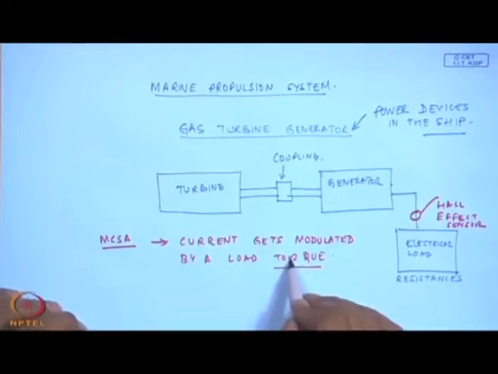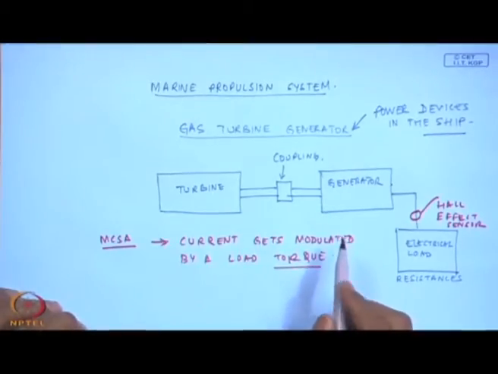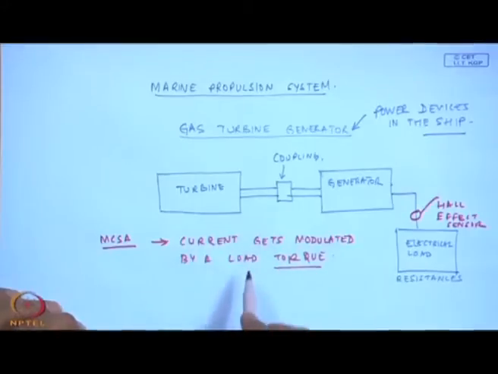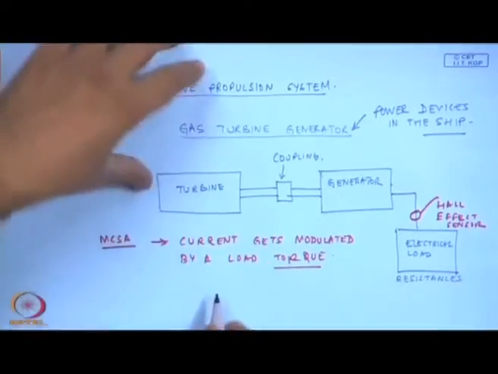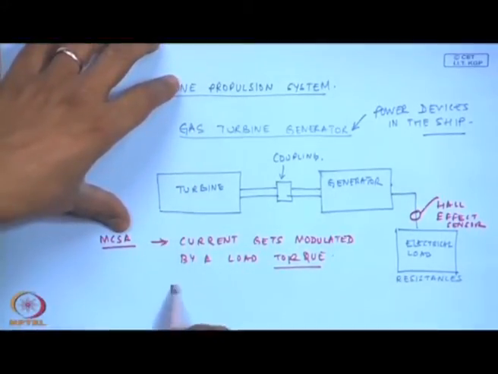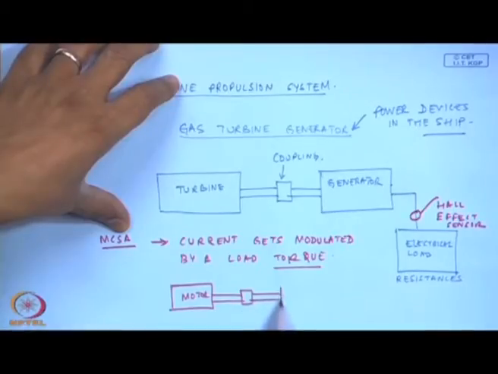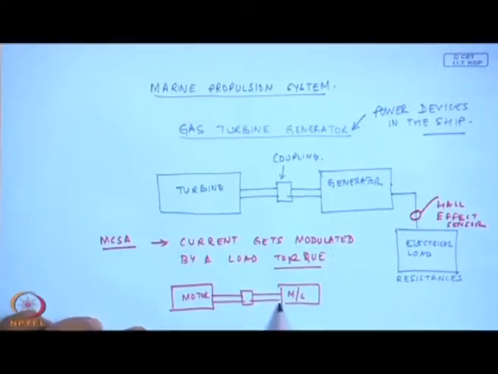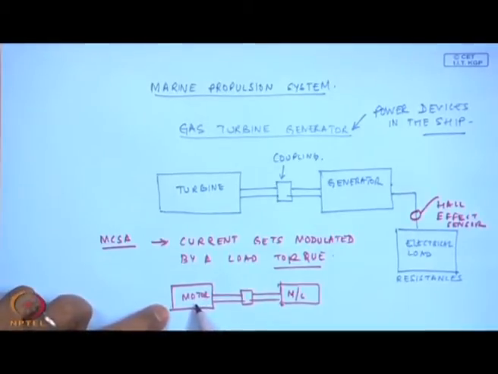So, in the case of a motor driving a mechanical unit, if this mechanical unit has a defect, it is going to load the motor, and then the motor current drawn will be loaded up. But the same is true here.